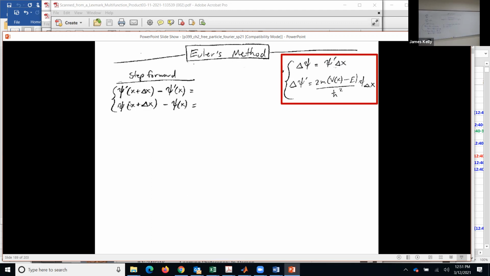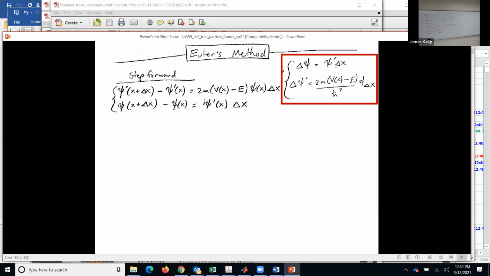And again, we're doing what's called Euler's method for a system of first order differential equations. If I want to step forward, I'm going to write delta psi prime as psi prime at the next position up minus psi prime at the current position, and same thing for psi, right?